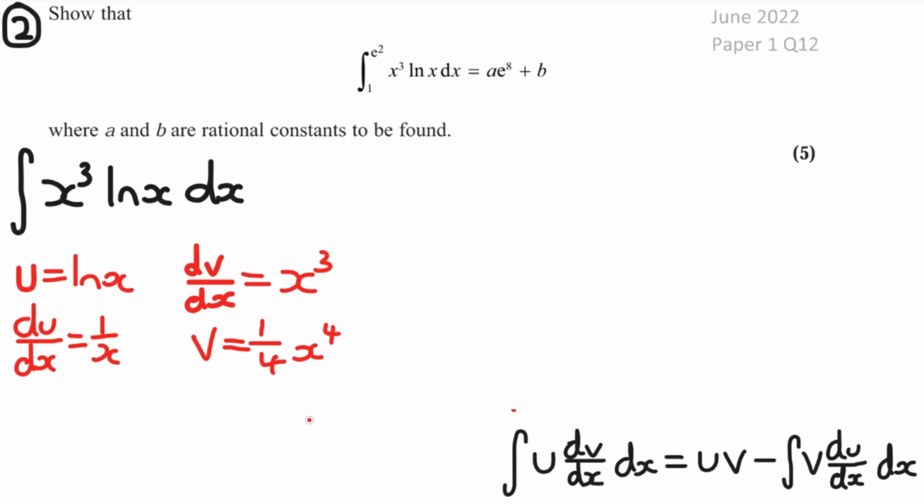So therefore, using the formula for integration by parts, it's uv, so u is equal to the natural log of x, and v is equal to a quarter x to the power of 4, so uv is going to be a quarter x to the power of 4 natural log of x, and then this is going to be minus the integral of v du over dx.